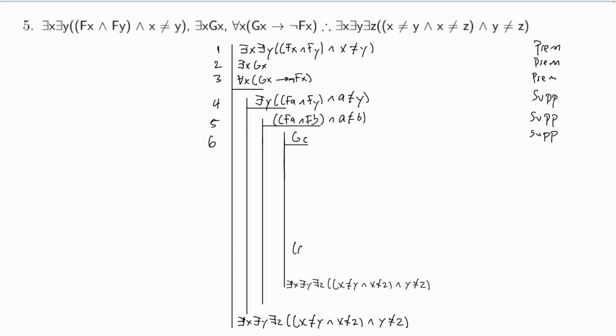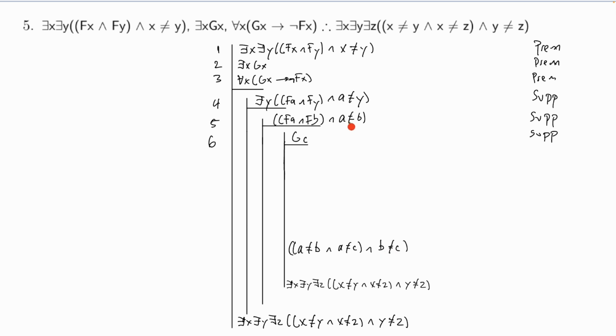We're going to want A is distinct from B, and A is distinct from C, and B is distinct from C. And then we can use existential introduction 3 times to get this, and then existential elimination steps get us to here. So let's figure out how to get this.